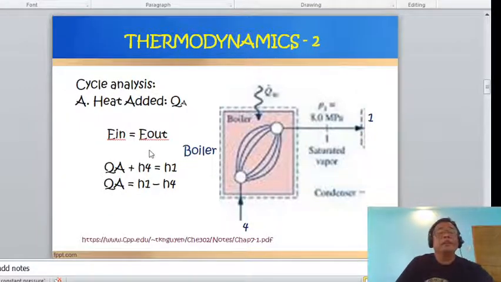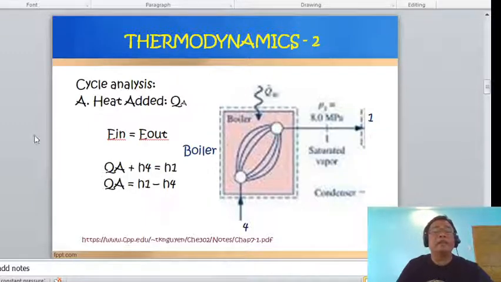Okay? So the entering, class, of course, is the heat added. As what I have said, this heat added is a function of the mass of fuel and the heating value of the fuel, plus, entering, class, the enthalpy at 4, or the enthalpy of the feedwater, is equal to the enthalpy of the leaving steam from the boiler, okay?